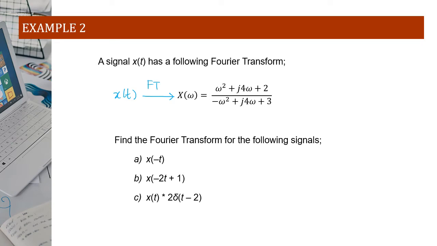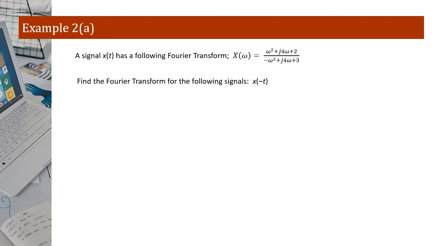You need to compare the given signal with the Fourier transform pairs or table in order to get the final output. So you need to find the Fourier transform of the new signal given by x(minus t).